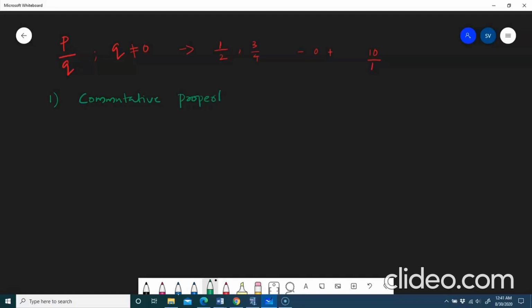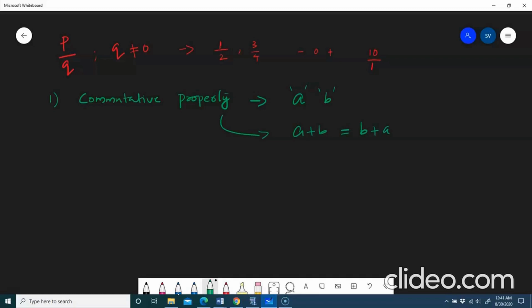If I consider two rational numbers a and b, this property states that a plus b is always equal to b plus a.